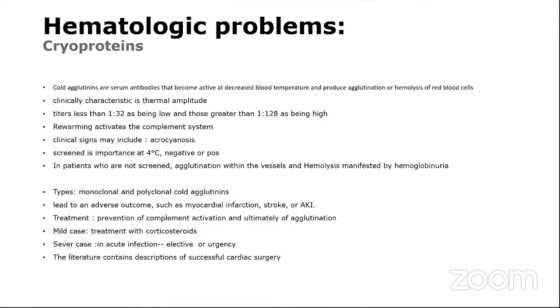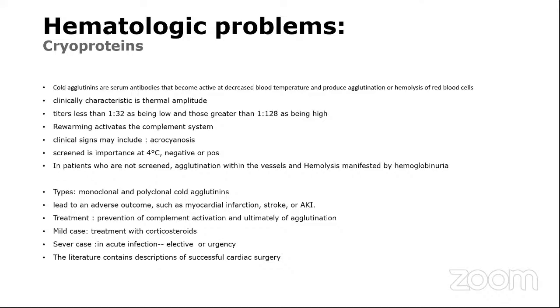But in severe cases, in acute infection, or elective or urgent surgery, as we explained before, the treatment will go especially with high thermal amplitude. In elective cases, as we said, we should postpone the surgery. But in urgent surgery, there are some precautions.